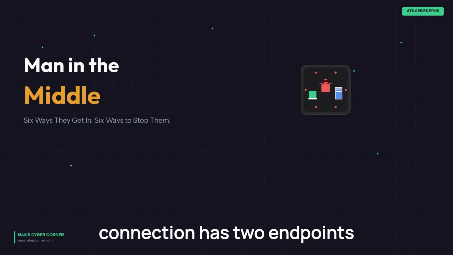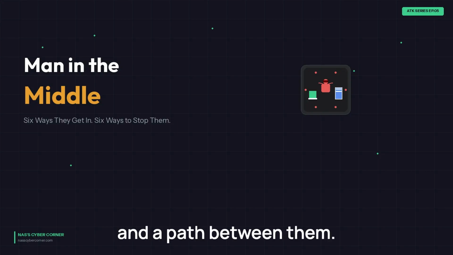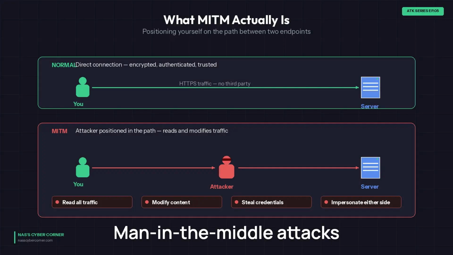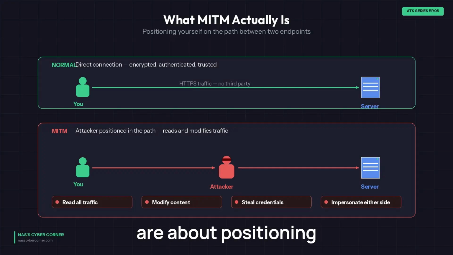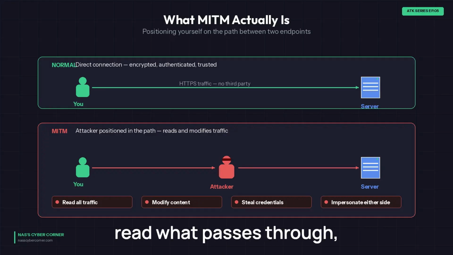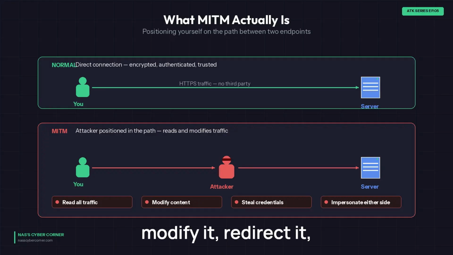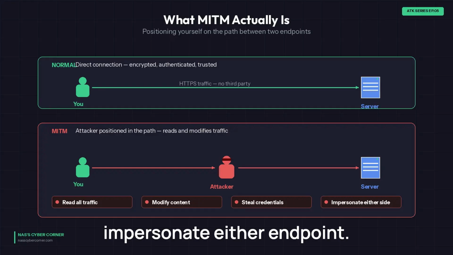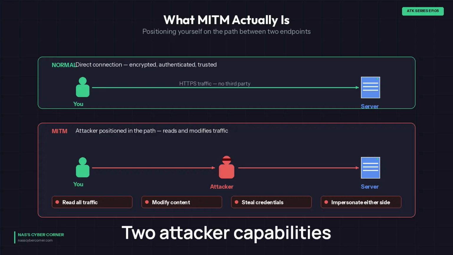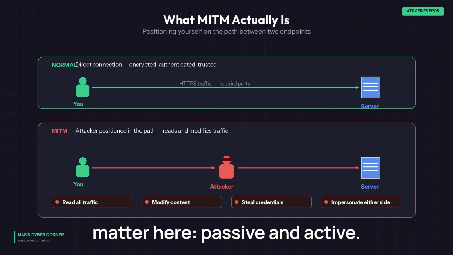Every network connection has two endpoints and a path between them. Man in the middle attacks are about positioning yourself on that path. Once you're there, you can read what passes through, modify it, redirect it, impersonate either endpoint. Two attacker capabilities matter here: passive and active.